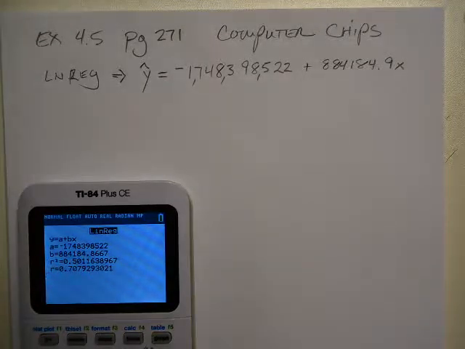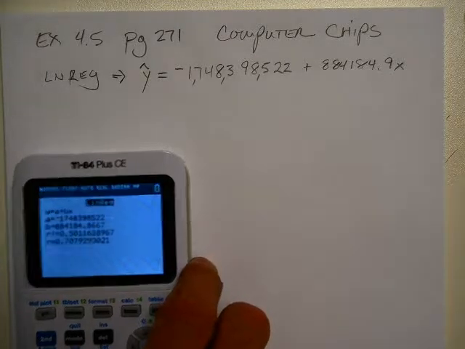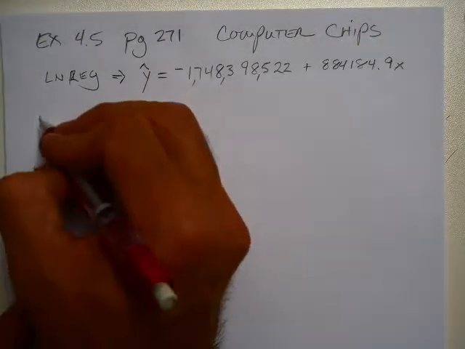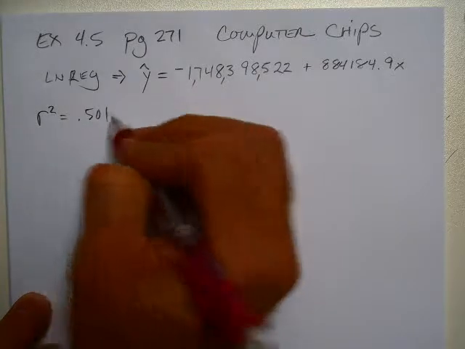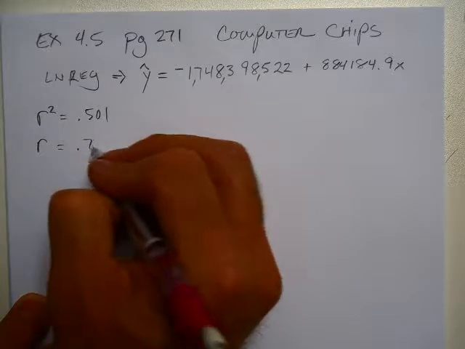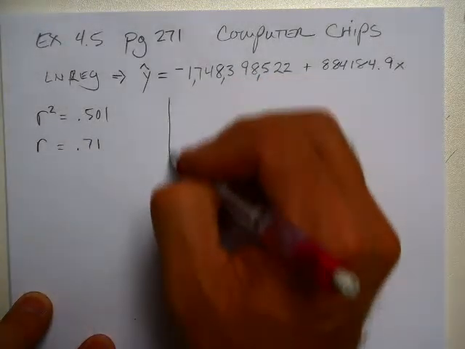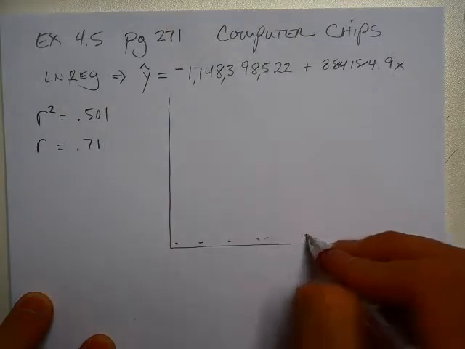I wonder if I didn't put the years in as a whole number when I did that originally. Perhaps not. Okay, and then I'm going to make note about r squared and r. So r squared is 0.501, and r is about 0.71. And my pattern looks like this.